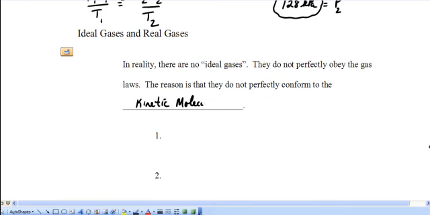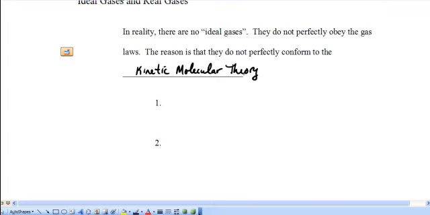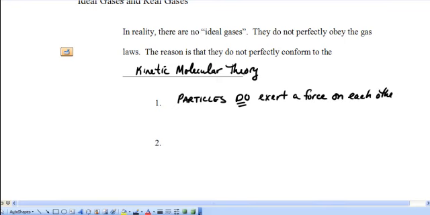And once again, the two reasons why they don't conform to the kinetic molecular theory is simply that particles do, in fact, exert a force on each other. They slow each other down.